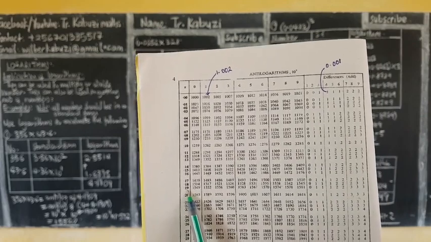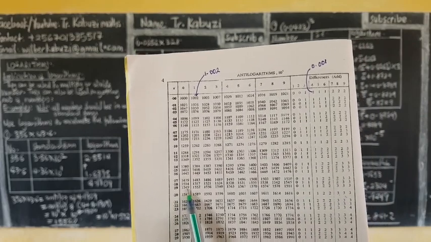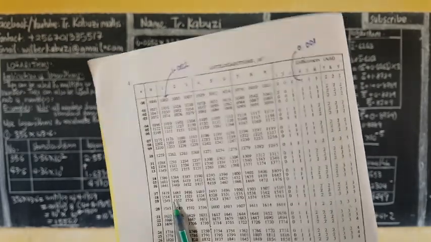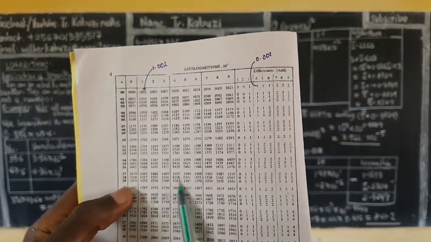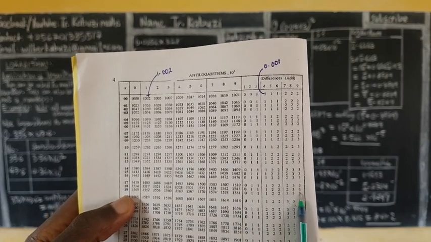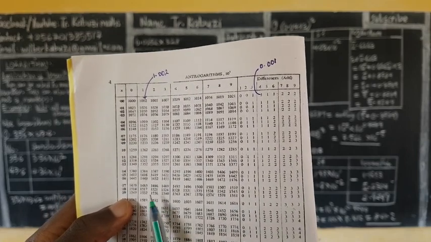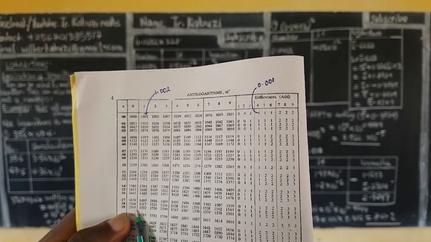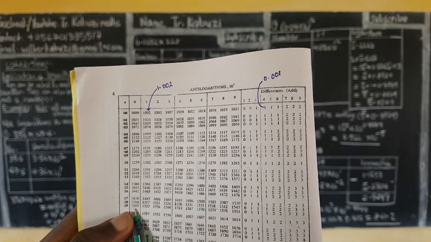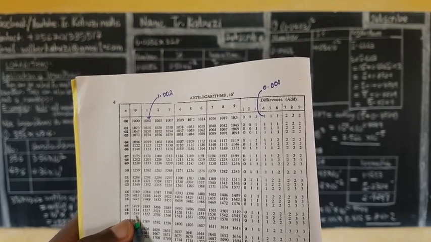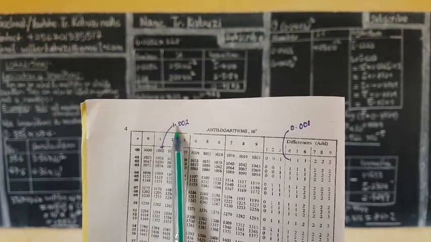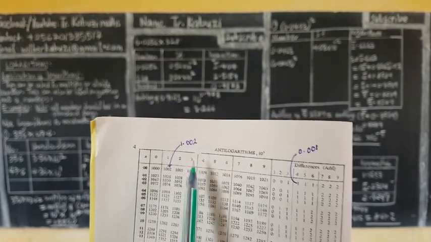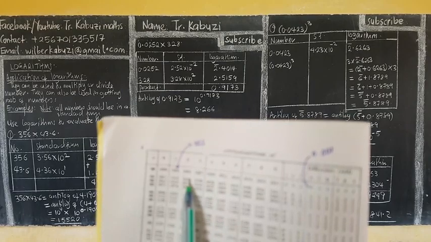Then you see it's under 0, which is this. Then we are adding under 9. So under 9, when you come here, we are adding a 3. When you add this 3 to this value here, you get 1.552. Then we say that for logarithms they are 0 point, but for these ones, they are always the first figure point.